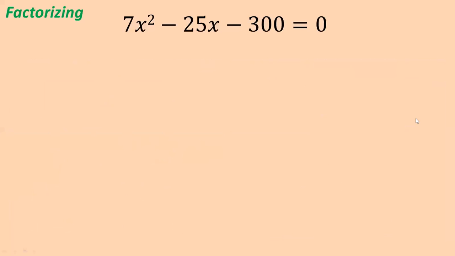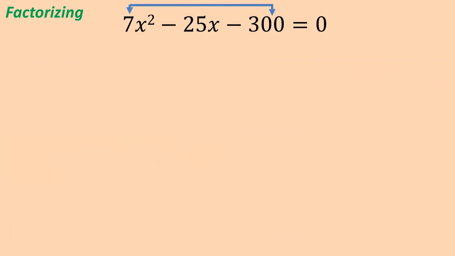We are going to select another question, which is a similar type of quadratic equation, but it is a bit more complicated due to having some figures with larger numbers. For example, 6x squared minus 24x minus 300 is equal to 0. So first, we are going to follow the factorizing method.